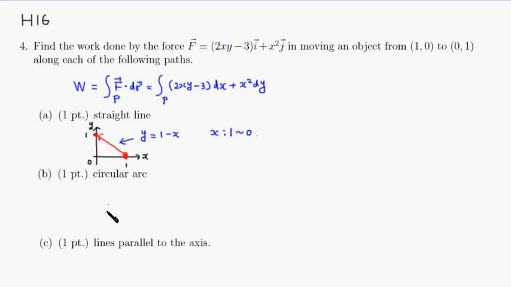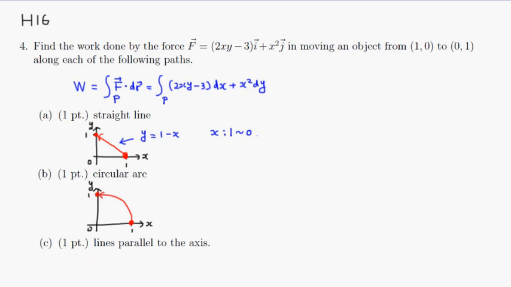For the circular path, part B, this is a little different. The starting point and ending point are exactly the same: you go from (1, 0) to (0, 1), but along a circular path, the unit circle.